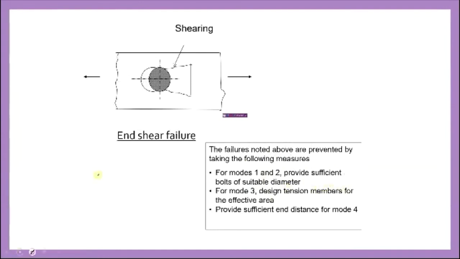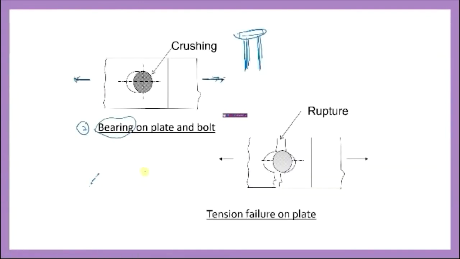Supposedly the effective area is this place. When there is a force and you don't provide enough strength for the steel to resist it, the steel will break between these two. Also, if you don't provide enough thickness, because shearing is affected by the thickness of this plate, the area is not enough and the strength is not enough.